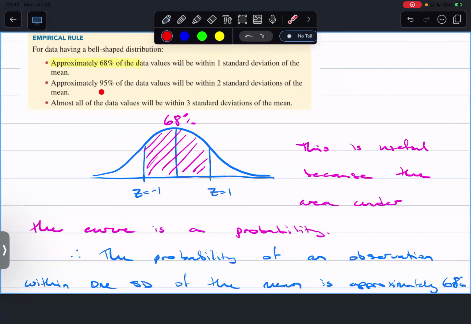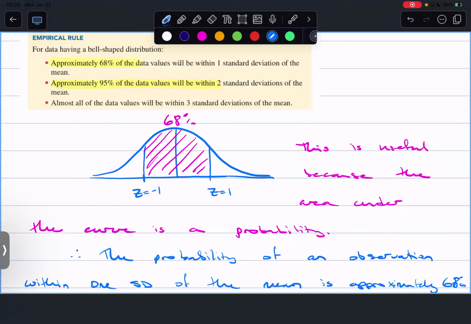Same idea. If we move out 2 standard deviations on either side of the mean, then we've covered roughly 95% of the data. So that's a lot of the data. And by the time we move out to 3 standard deviations, then we've covered almost all.